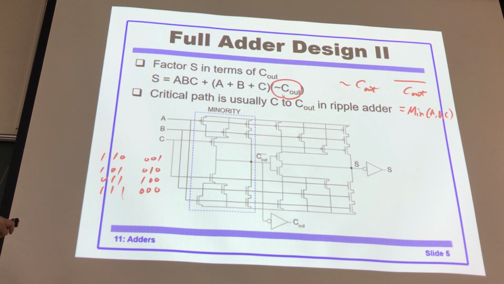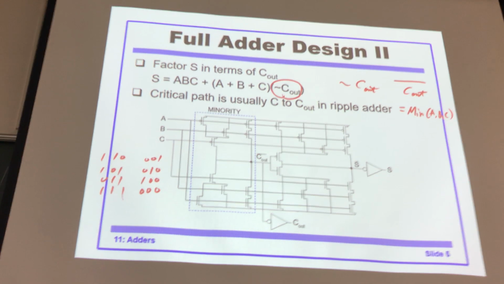But using C out bar to control the sum here, this is the sum circuit. Actually, that is sum bar. After the inverter, you get the sum. Okay. A, B, C here. A bar, B bar, A or B or C.